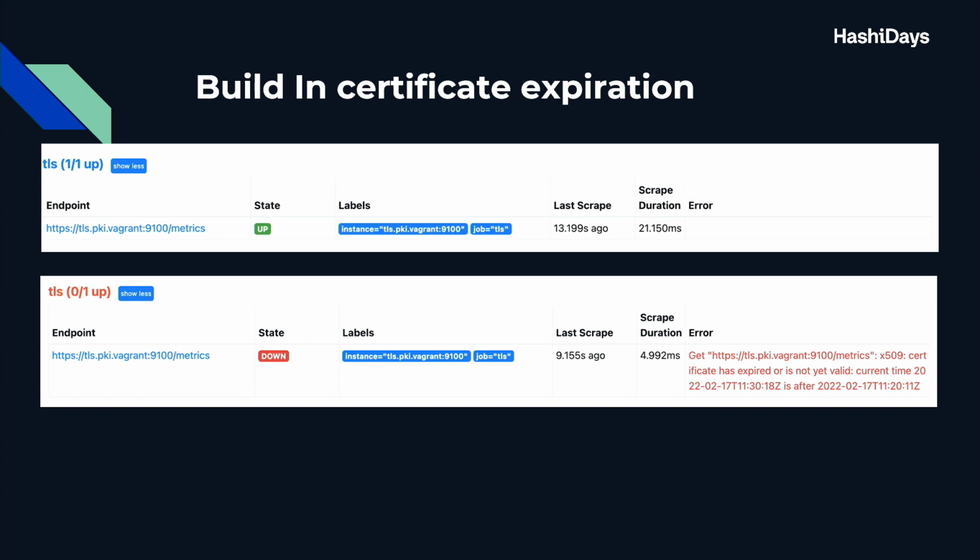Prometheus itself, before it was all fine, and now the certificates have been rotated, so I can no longer access the thing. So we can now honestly promise the ISO auditor that we're all good.